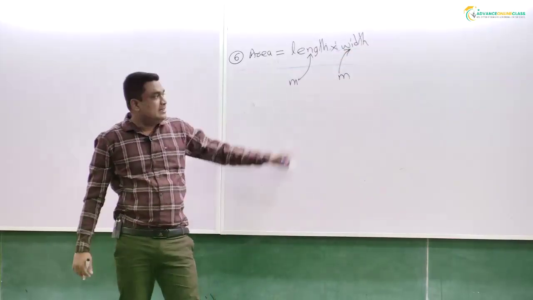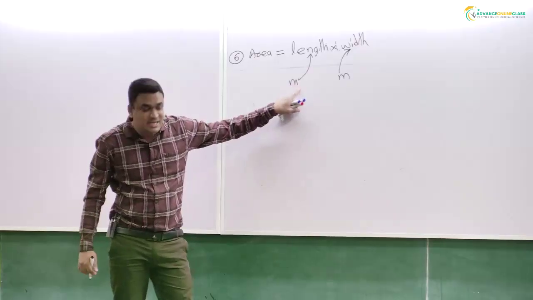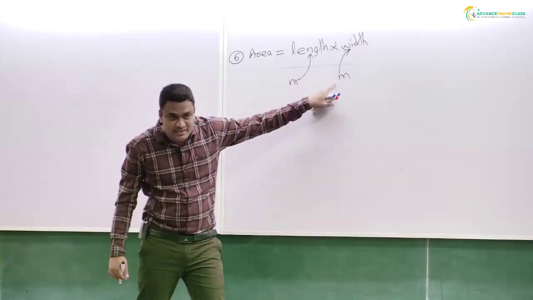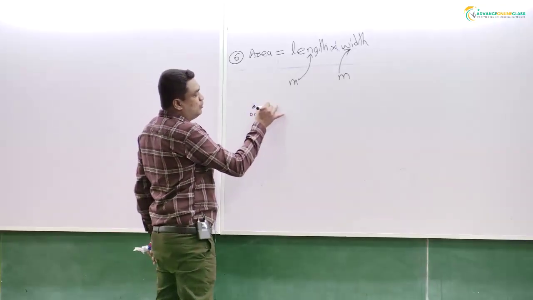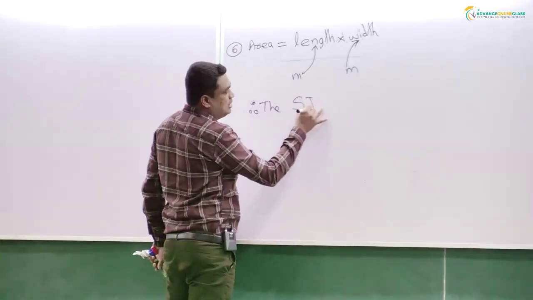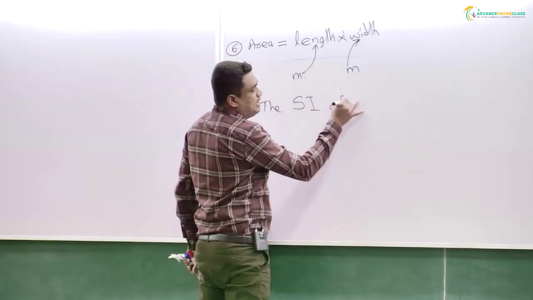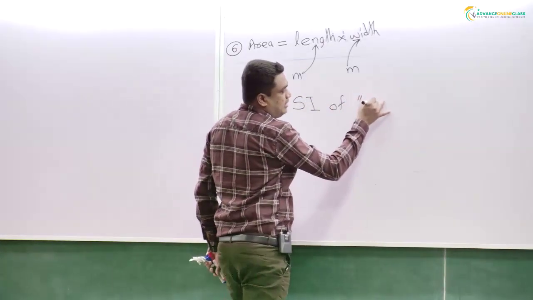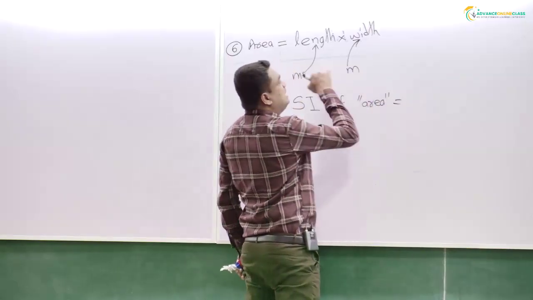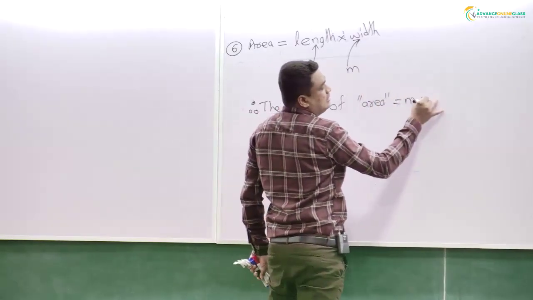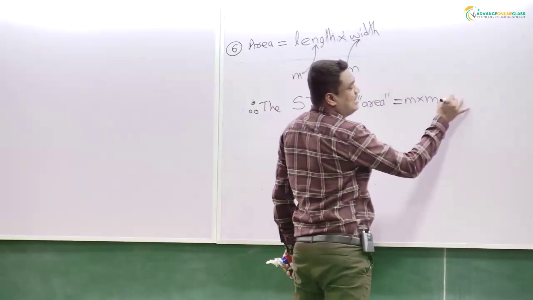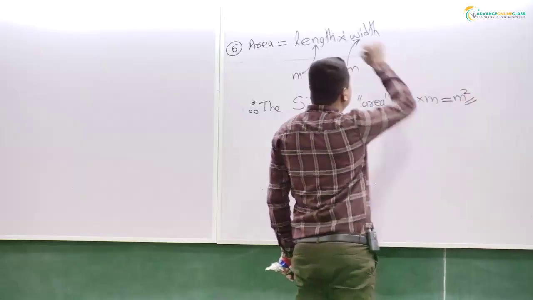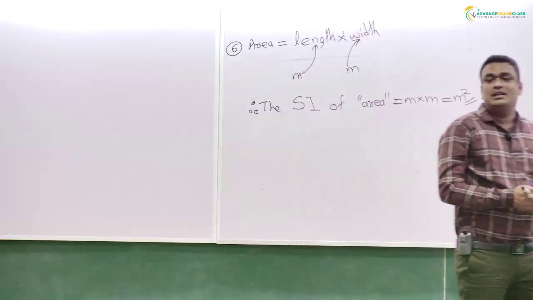Therefore, the SI unit of area is meter into meter, square meter. Write it, dear. We'll start with simple things.